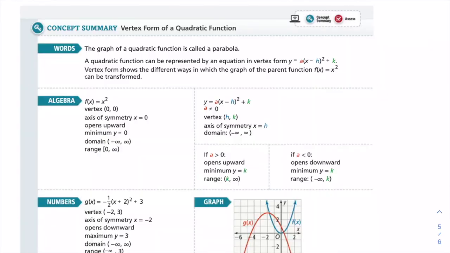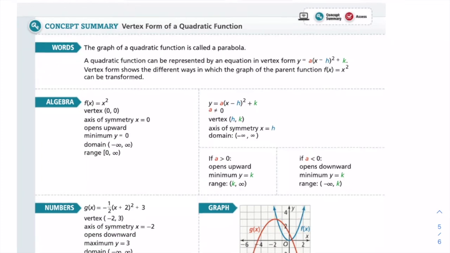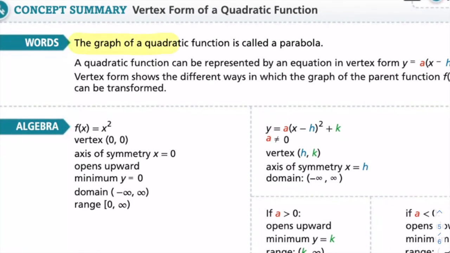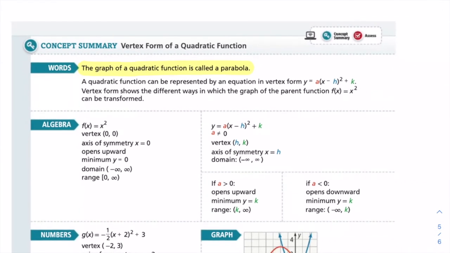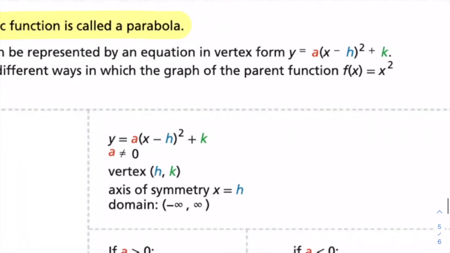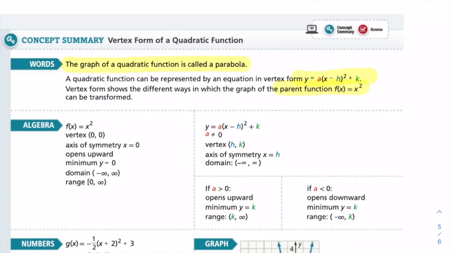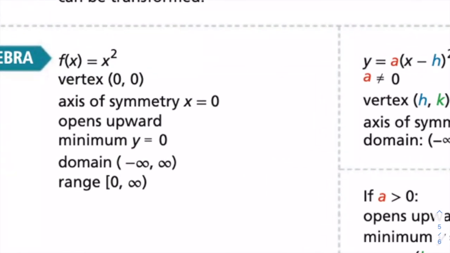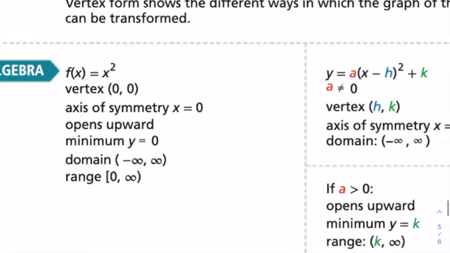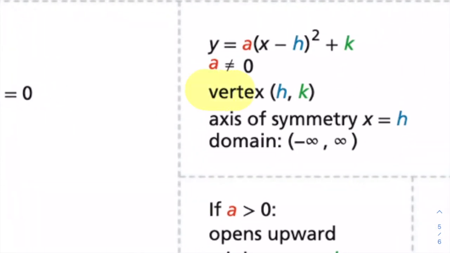So in summary, the graph of the quadratic function is called a parabola. And the vertex form is y equals a times (x minus h) squared plus k. And that is from the parent function f of x equals x squared. Now I want to make sure we go over this. The vertex is the (h, k).